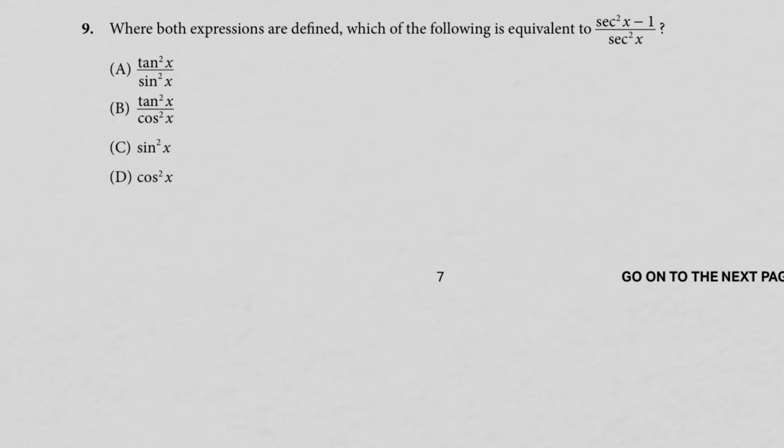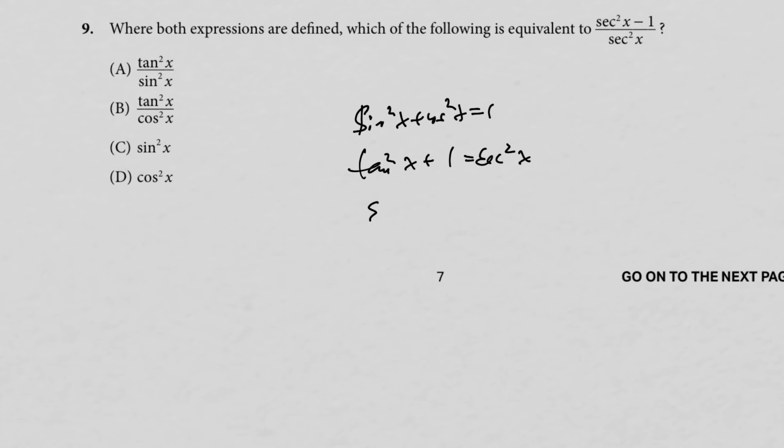Number 9 is some kind of trig identity. So some of the trig identities that might be useful to know are that sine squared plus cosine squared equals 1, and tan squared plus 1 equals secant squared.